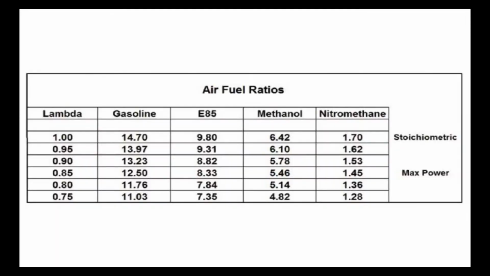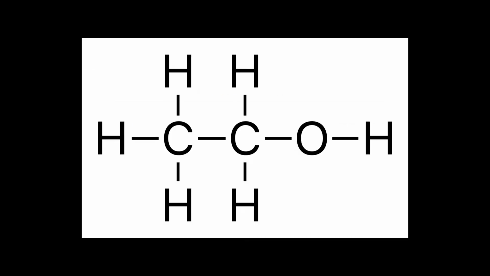E85 requires about 9.8 parts of air to 1 part of fuel, whereas gasoline requires 14.7 parts of air to 1 part of fuel. By weight, ethanol is 30% oxygen. So the chemical formula is C2, which is carbon, H6, which is hydrogen, and an oxygen.